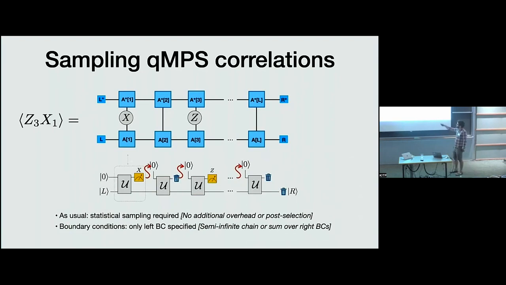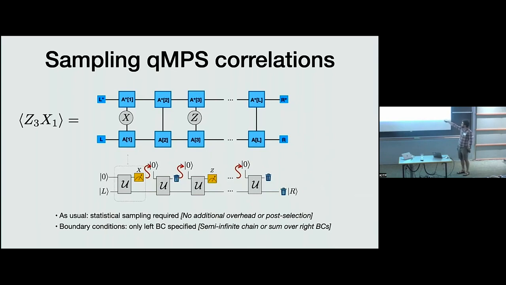So what you do is prepare some initial state of your bond qubits that corresponds to the left boundary conditions of your chain. You'd run your circuit that is a block encoding of these tensors. And since I'm interested in the X value on the first site, I would then measure the physical qubit in the X basis, record that outcome, reset it to 0, and then repeat this.